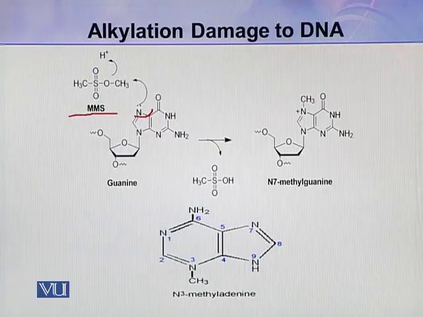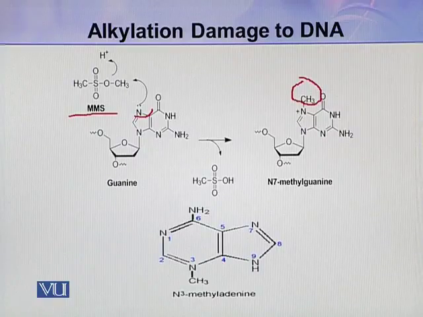And as you know, this nitrogen in the guanine is electron rich, so this nitrogen is attacked by these electrophilic agents. After that attack, a methyl group is transferred to N7 and it forms N7 methyl guanine. So in this way the DNA is methylated.